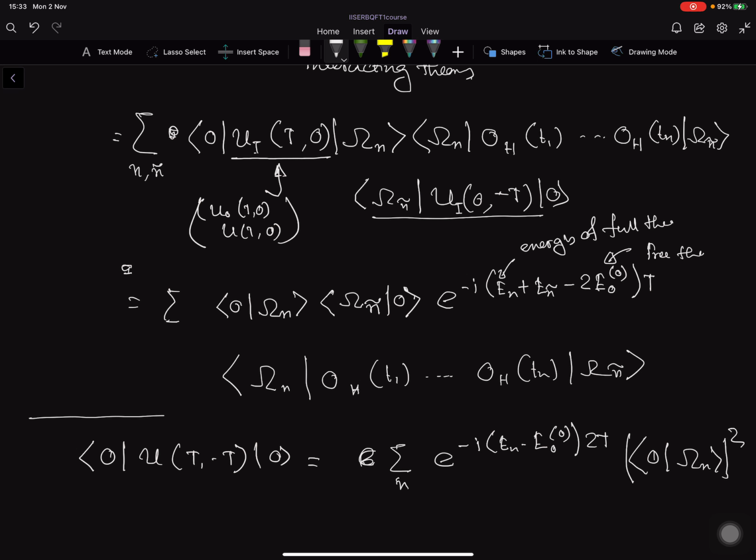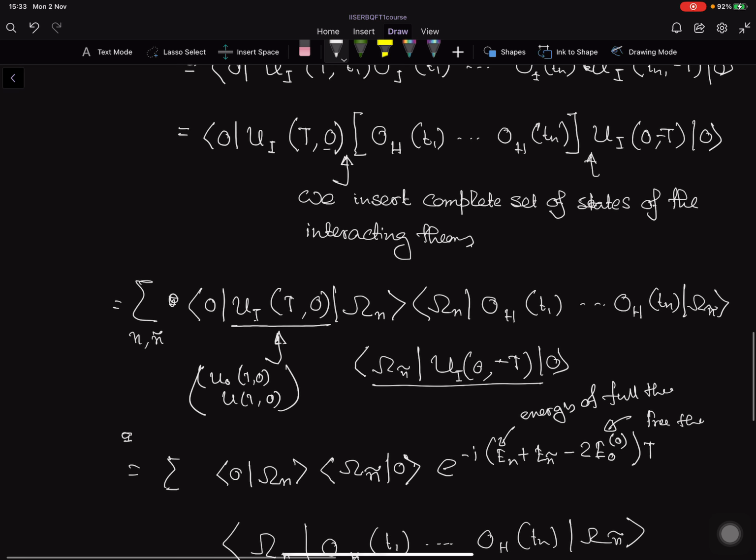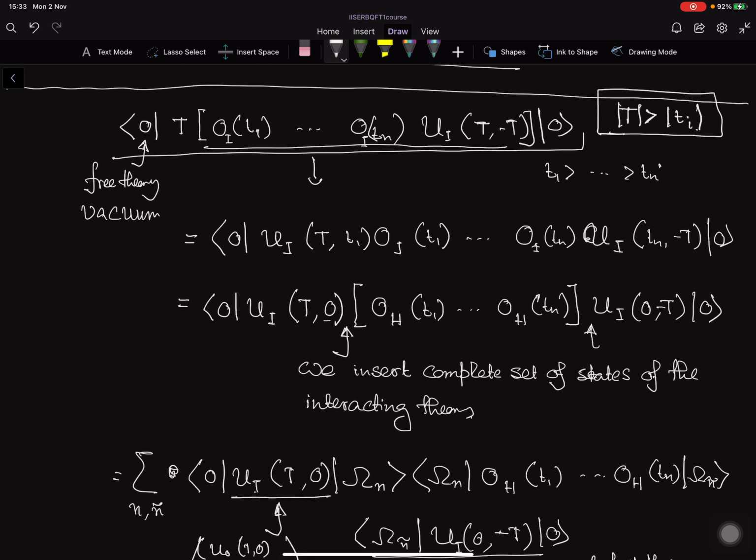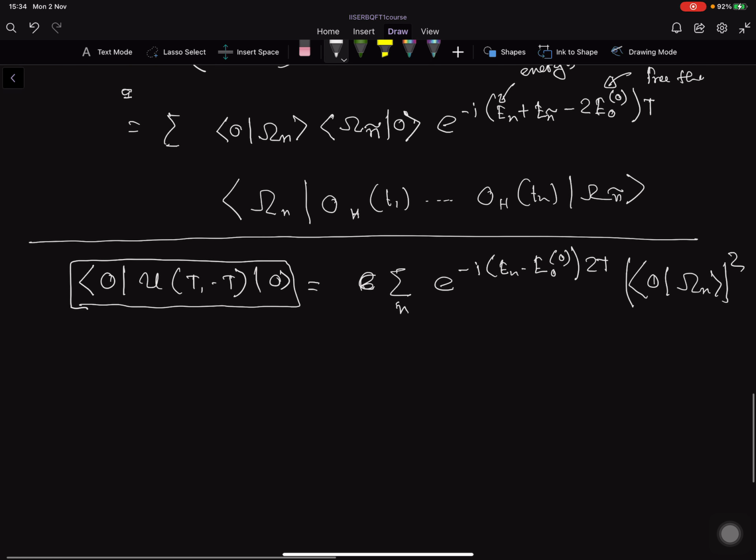Okay, so we now have to take the ratio of this quantity and this quantity, correct? So we have to take the ratio of these two quantities, so let's do that.